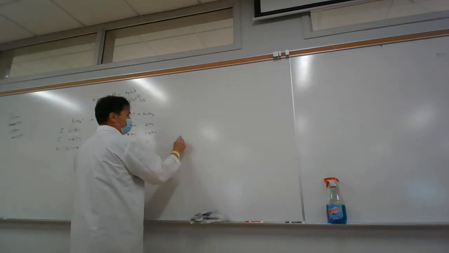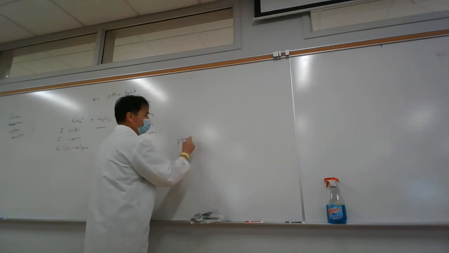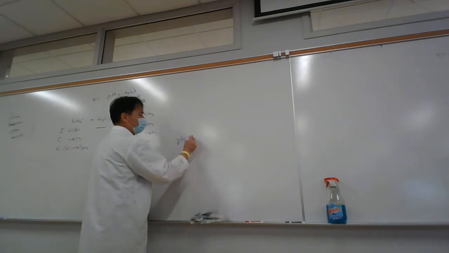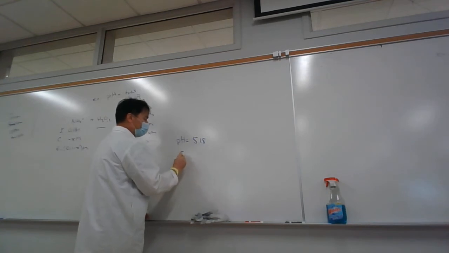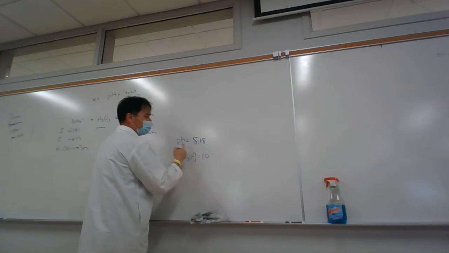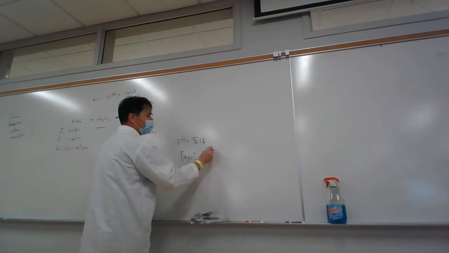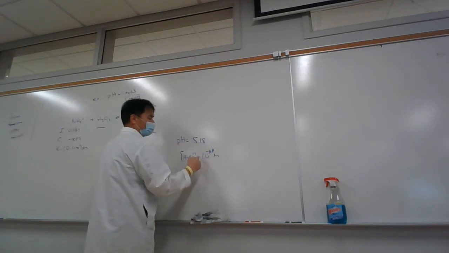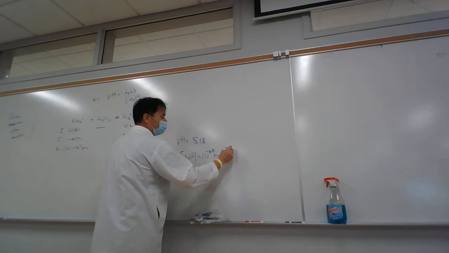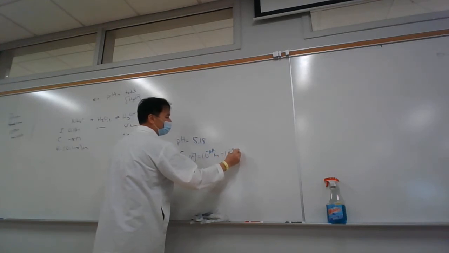So the pH came out to 5.18, and therefore the hydronium ion concentration is 10 to the minus pH molar, which is 10 to the minus 5.18 molar.